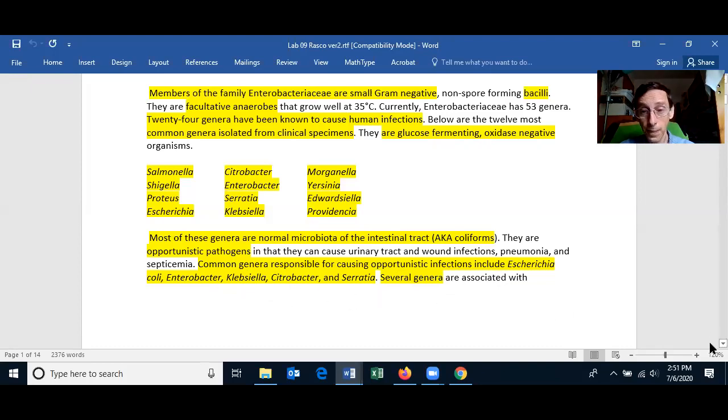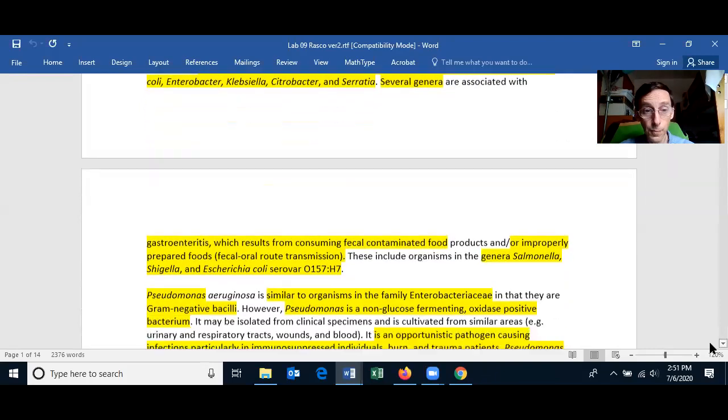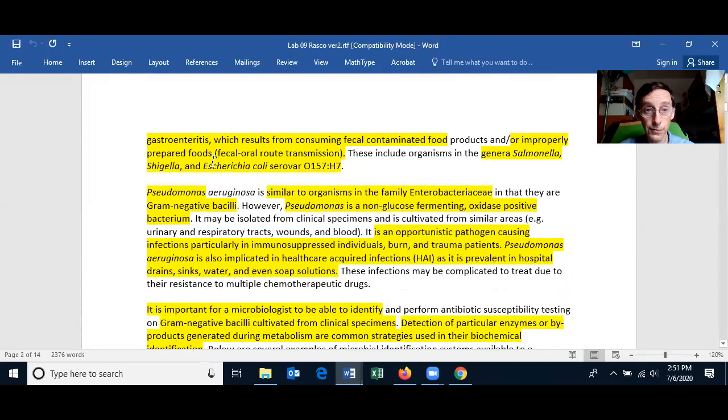Several genera are associated with human diseases such as gastroenteritis. That's where your stomach is upset, you get diarrhea or constipation. It can result from consuming fecally contaminated food products or water or drink, or improperly prepared foods where fecal to oral transmission occurs.